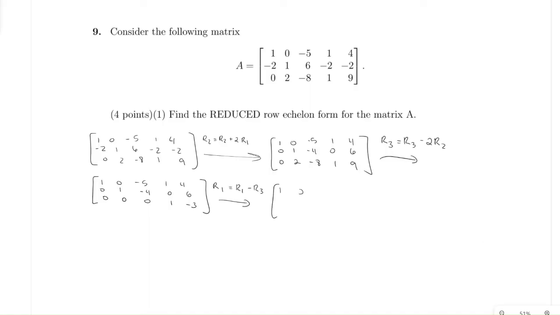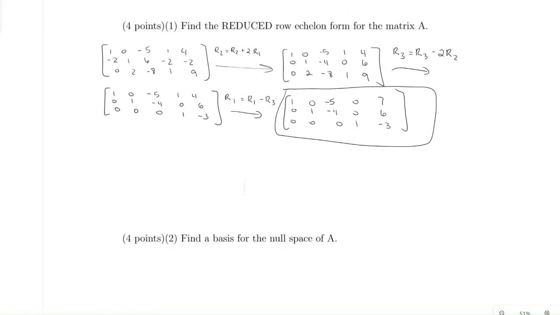That gives us 1, 0, -5, 0, 7, 0, 1, -4, 0, 6, 0, 0, 0, 1, -3. So this is the row reduced echelon form of the matrix A, and it satisfies all the requirements.